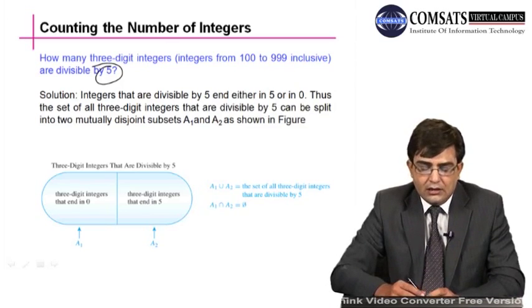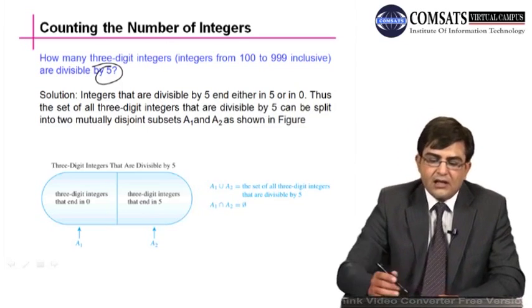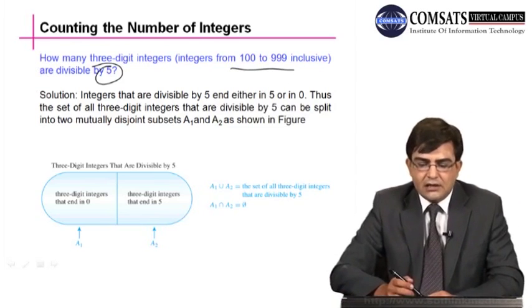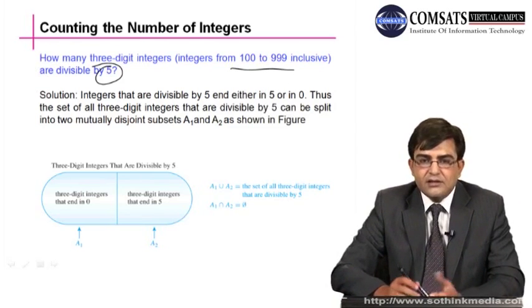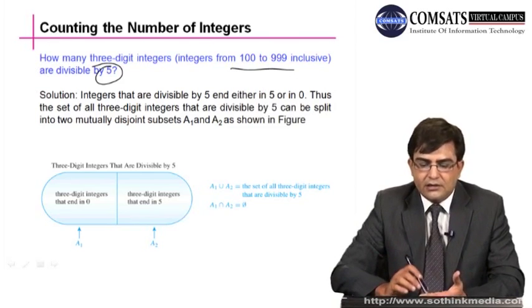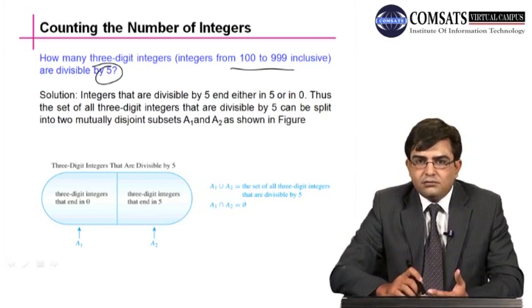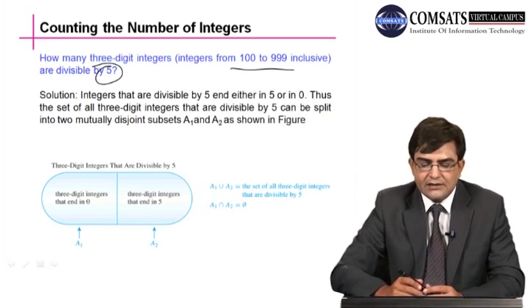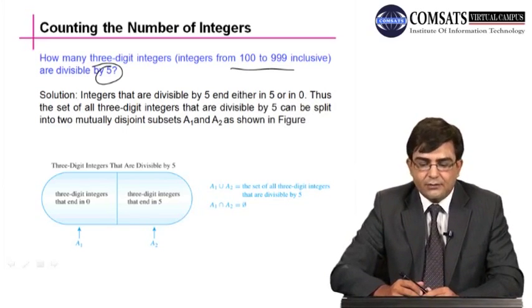We can easily observe that only those integers are divisible by 5 in which the end integer, that is the last integer which comes at the unit place, is either 0 or 5. This is something you have discussed in elementary classes: only those integers are divisible by 5 in which the last digit is either 0 or 5.